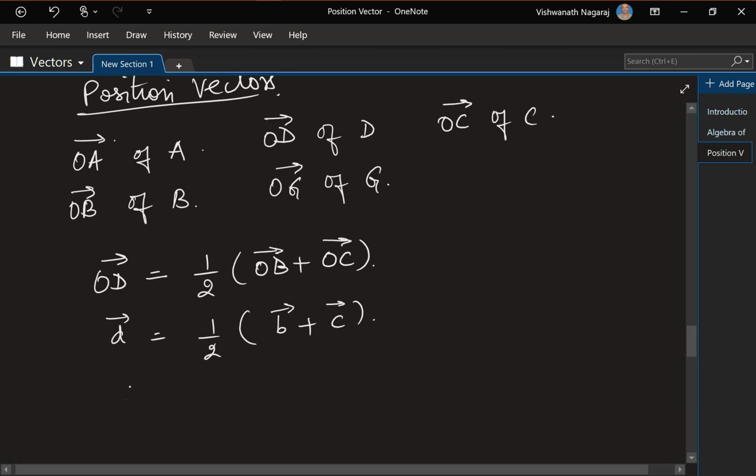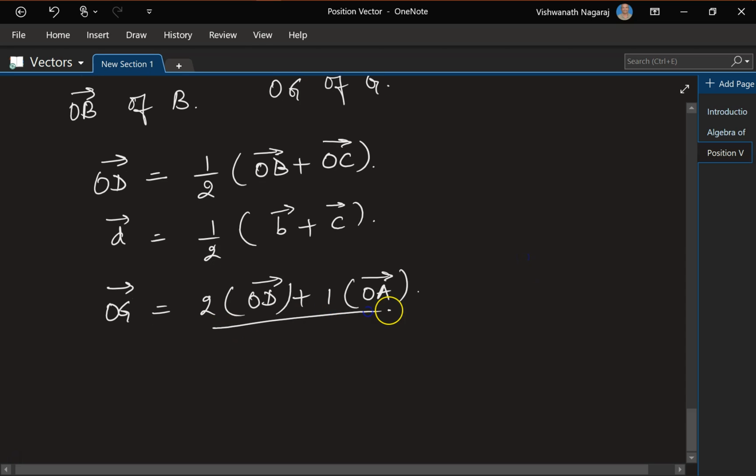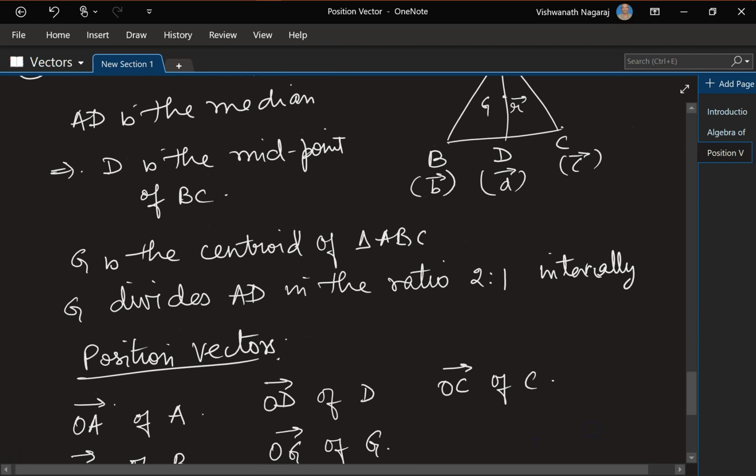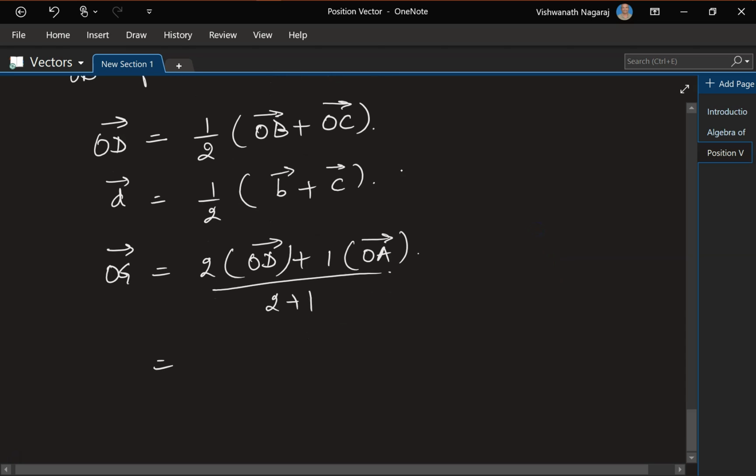If you look at the division ratio, we can say OG is equal to (2 times OD plus 1 times OA), because it is dividing it in the ratio of 2:1, divided by 2 plus 1. So OD is what? We have just seen that it is half of (B plus C).